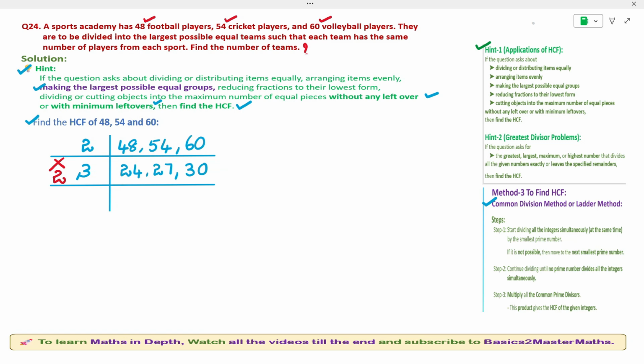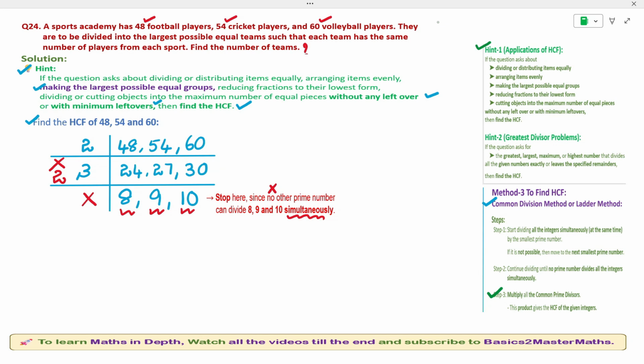Since 3 divides all the integers exactly, we get 8, 9 and 10. Stop here since no other prime number can divide 8, 9 and 10 simultaneously.